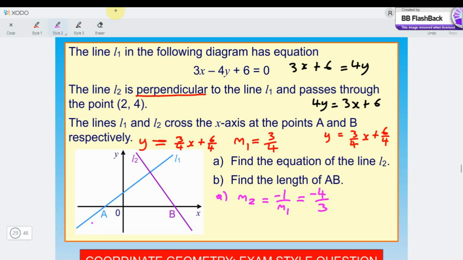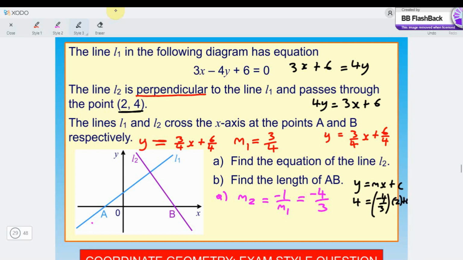The next thing they told us was that the second line passes through the point 2, 4. Now remember, the equation of a line is y equals mx plus c. We know the y value is 4, and that's equal to the gradient, negative 4 over 3, times the x value, which is 2, plus c.